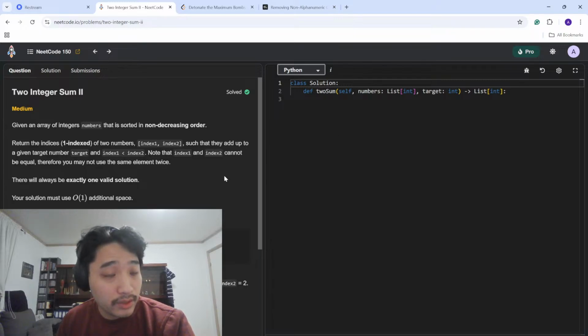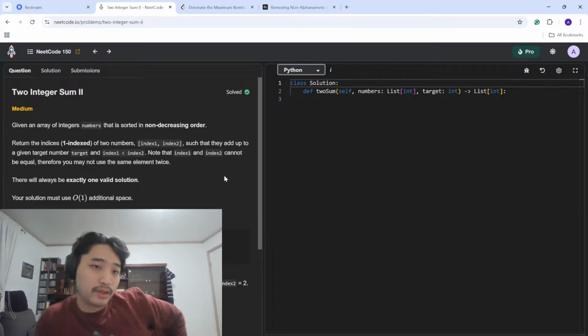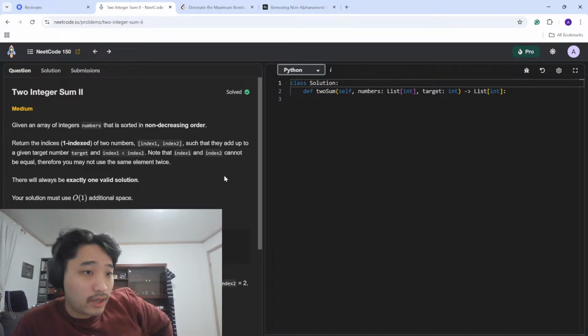So, given an array of integers that's sorted in non-decreasing order, return the indices, one-indexed, of two numbers, index 1 and index 2, such that they add up to a given target and the indices cannot be equal. Therefore, you may not use the same element twice. There will also be exactly one valid solution. Your solution must use O(1) additional space.